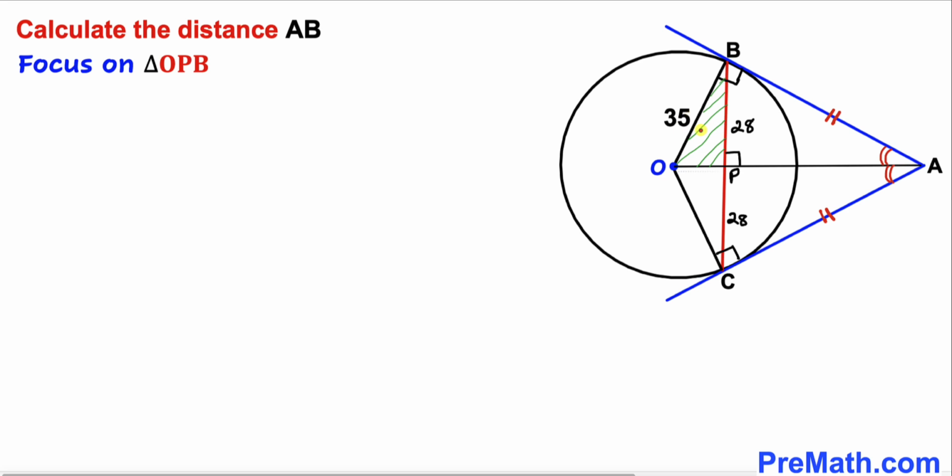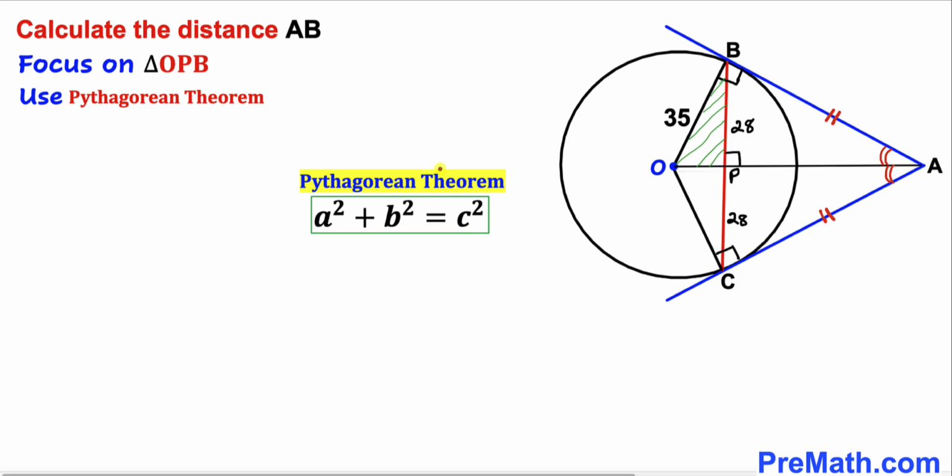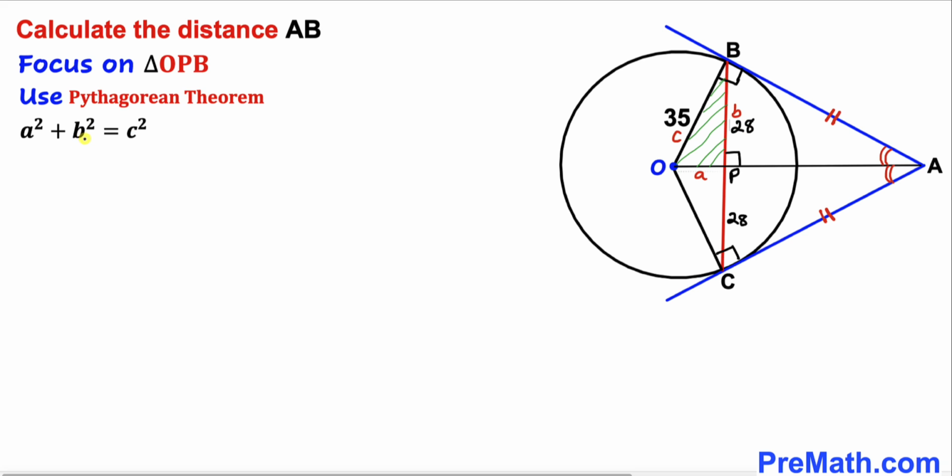And we know that this is a right triangle. Therefore, we are going to use the Pythagorean theorem. And here's our Pythagorean theorem: A square plus B square equal to C square. Let me label this longest side as C. This side I'm going to call A, and this side is our B. Now let's fill in the blanks in this formula.